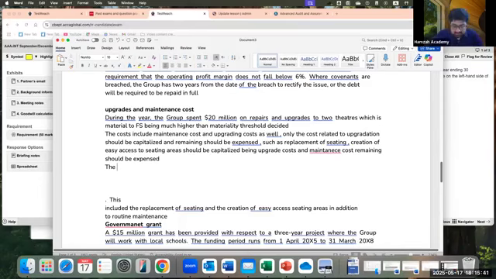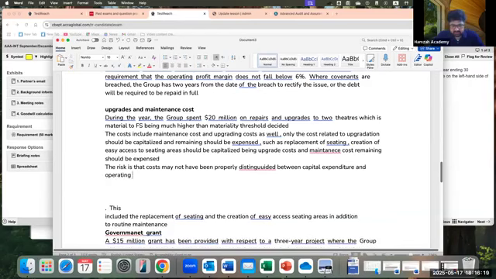Now, the risk is that costs may not have been properly distinguished between capital expenditure and operating expenses, and operating expenses may have been incorrectly capitalized.